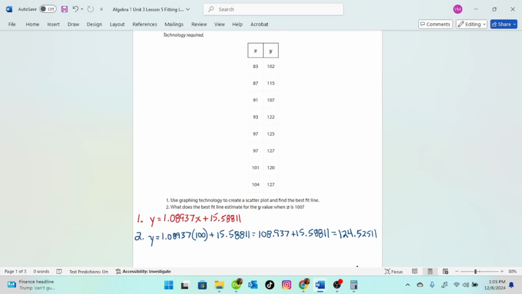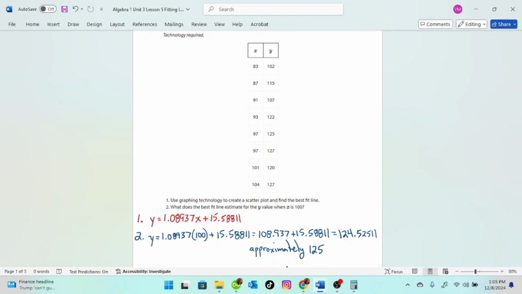So we'll say that's approximately, since none of the numbers in the table had decimals, we will round to the nearest whole number. The 5 tells us to round the 4 up to 5, so it would be approximately 125.